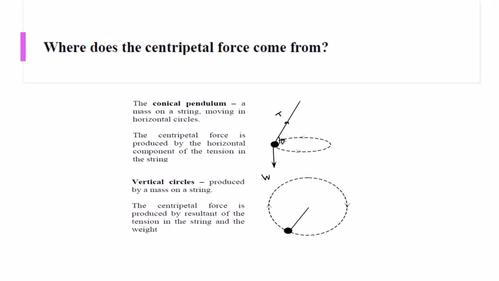So this tension will have two components. The component along the angle will be T cos theta, and the other will be T sine theta. Which component of the tension is responsible for the circular motion in a conical pendulum?